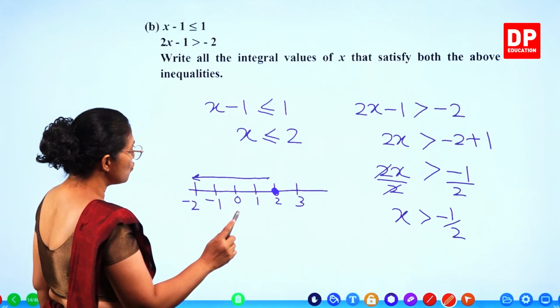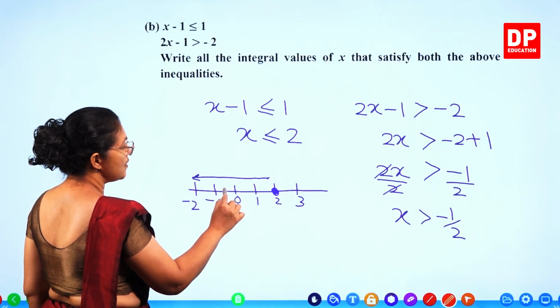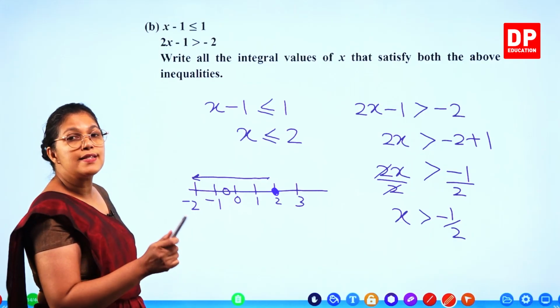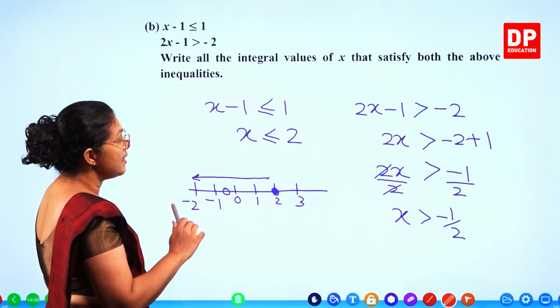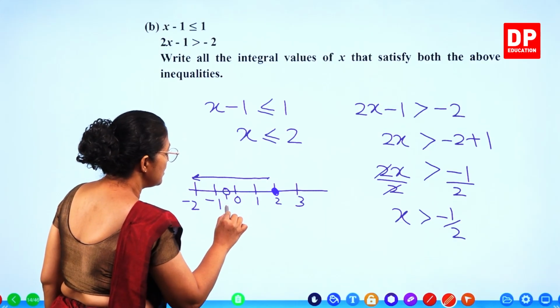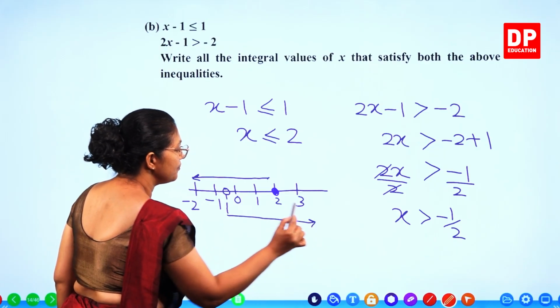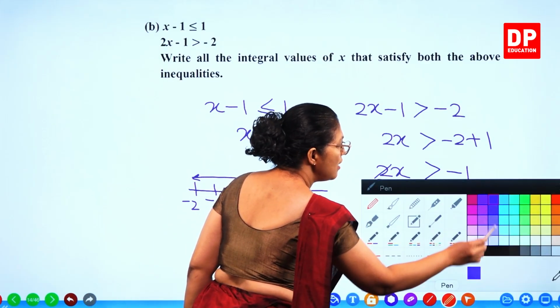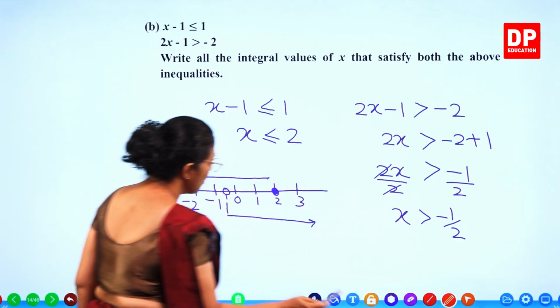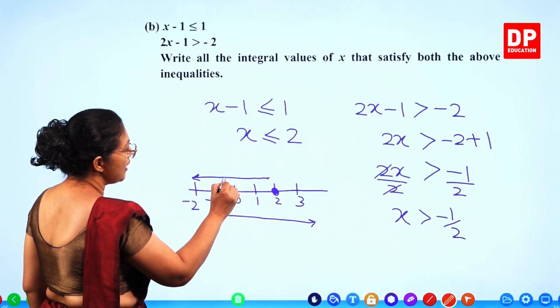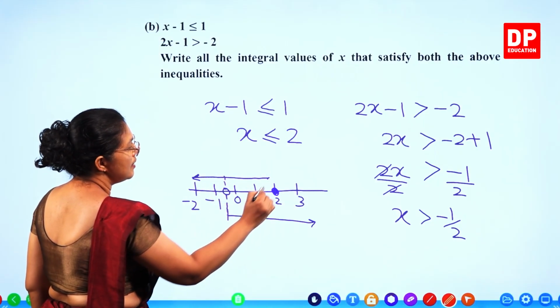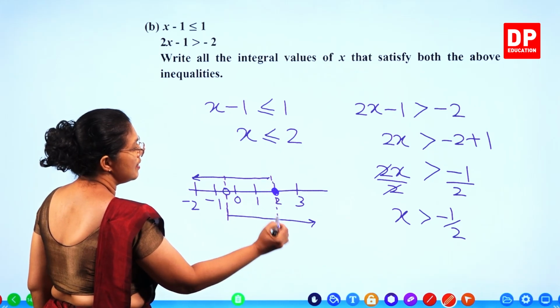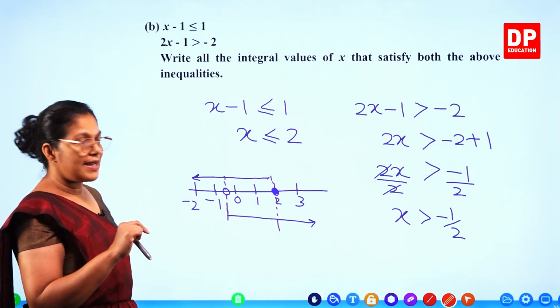So minus half is not included. Minus half is somewhere in between 0 and minus 1. And then greater than is to this side. Now you need to find out the common region. You can see here to here is the common region that you get from the 2 lines.